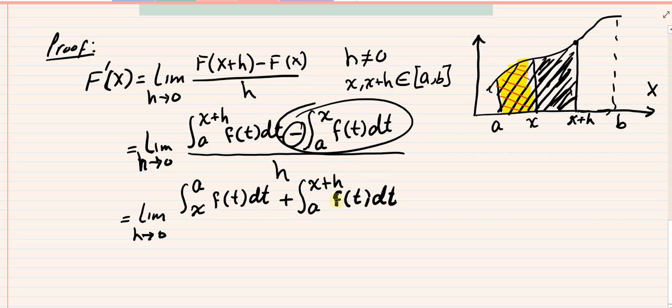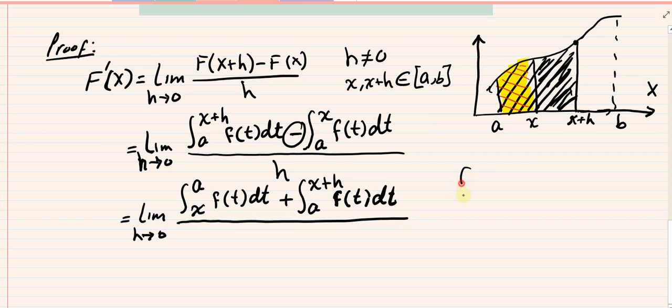Okay, now we can actually join these two definite integrals. Remember, one of the properties, when we talked about properties of definite integrals, was the integral from a to c plus c to b. Combine it, you get the integral from a to b, right?